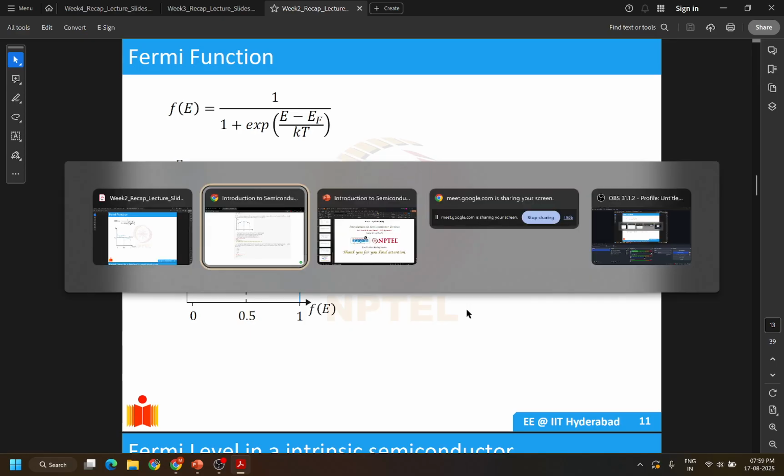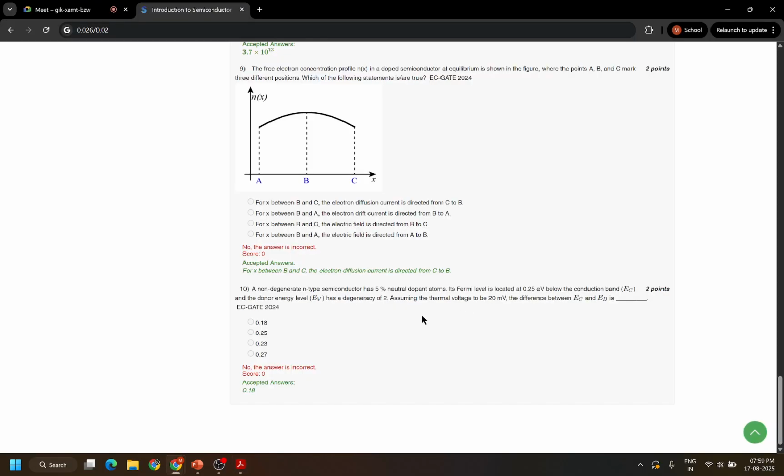So it has a degeneracy of 2. That means it has two atoms per level.